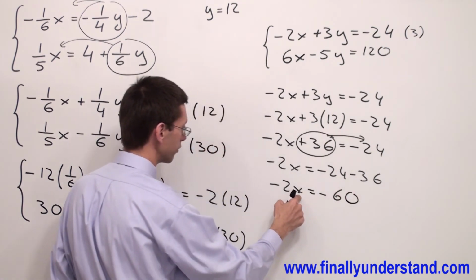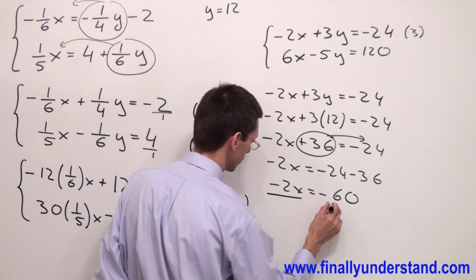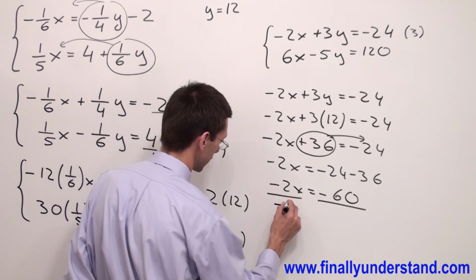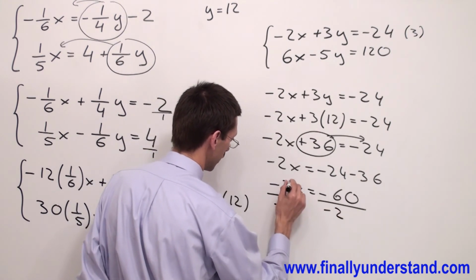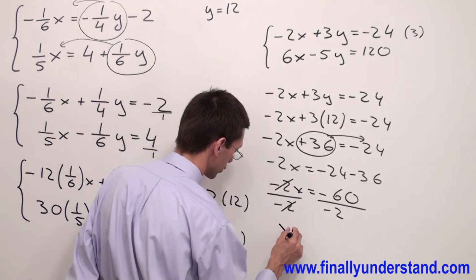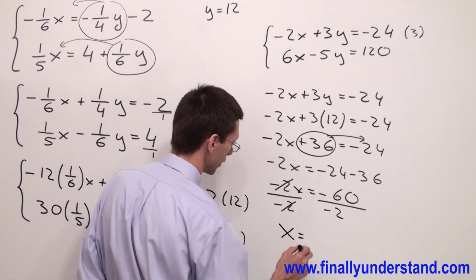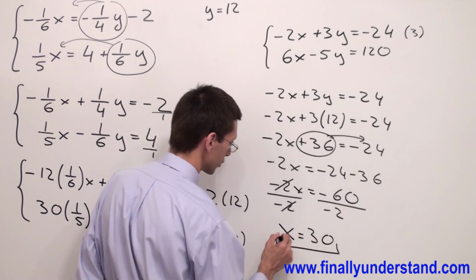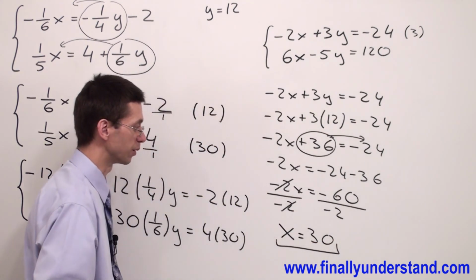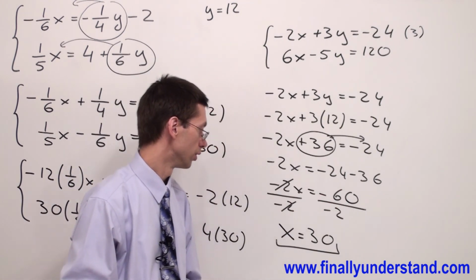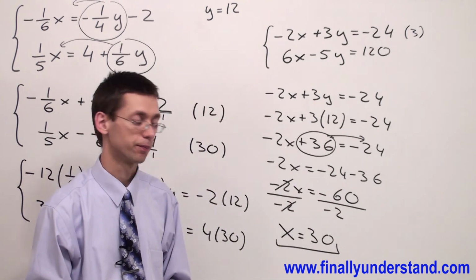In order to find the value of x, I have to divide both sides of my equation by negative 2. Negative 2 and negative 2 will cancel out, and I have x equals 30, because negative divided by negative gives me positive, and 60 divided by 2 is equal to 30.